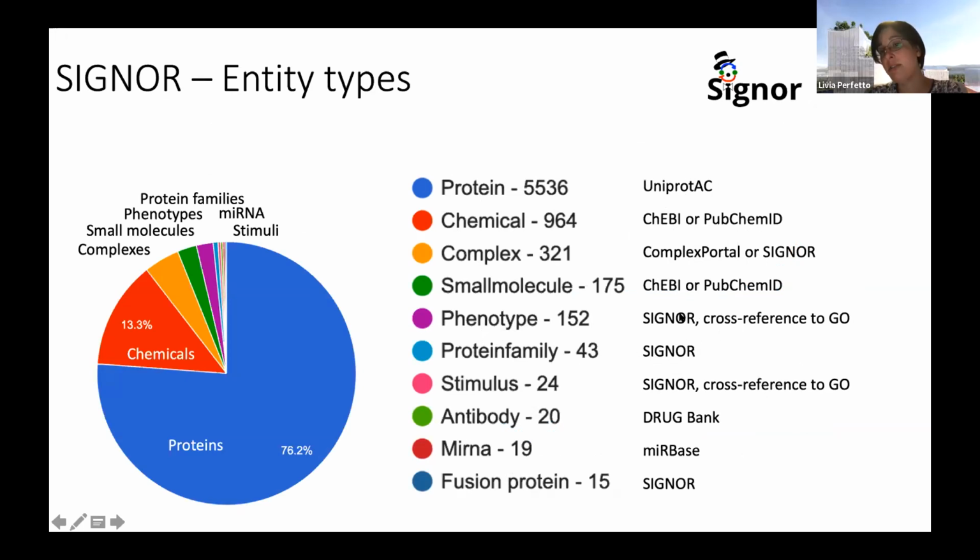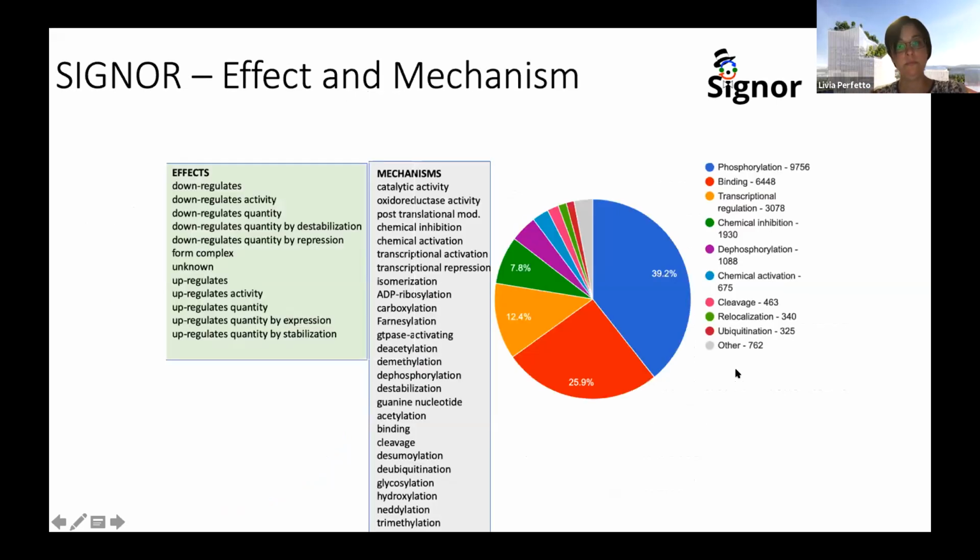But as much as possible, we also try to cross-link our internally developed entities to Gene Ontology whenever we can. This is a bit more about the controlled vocabulary of effect and mechanism.